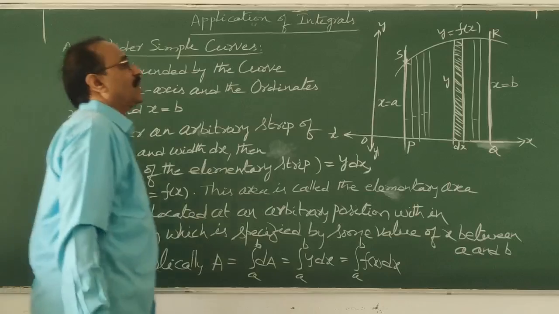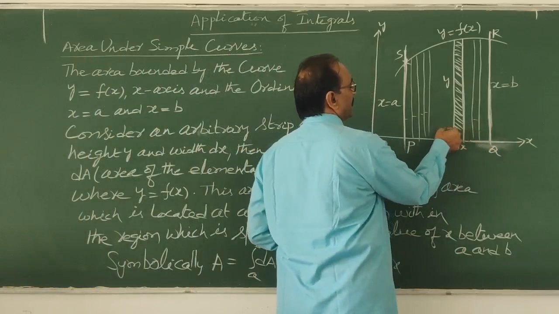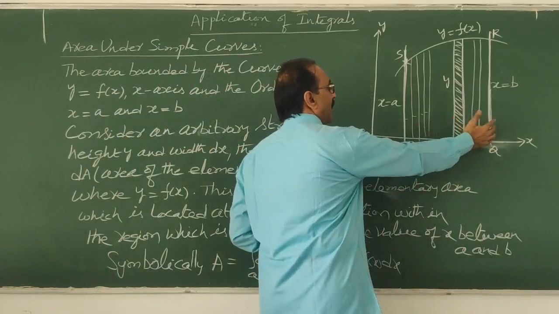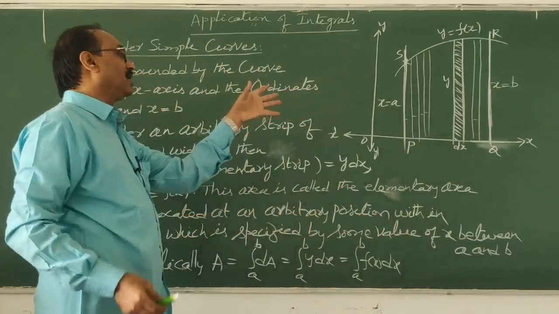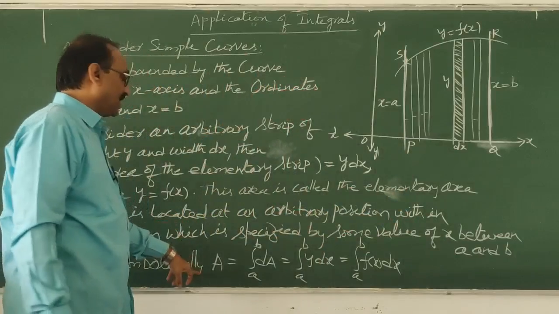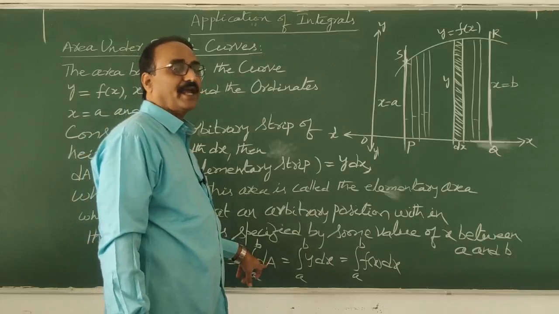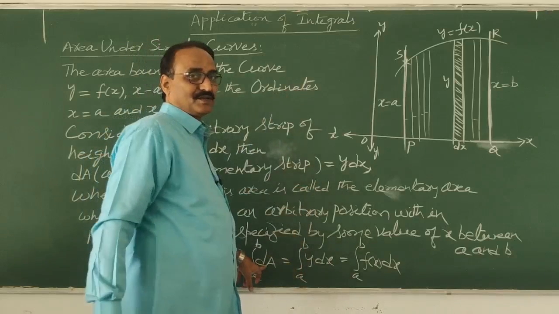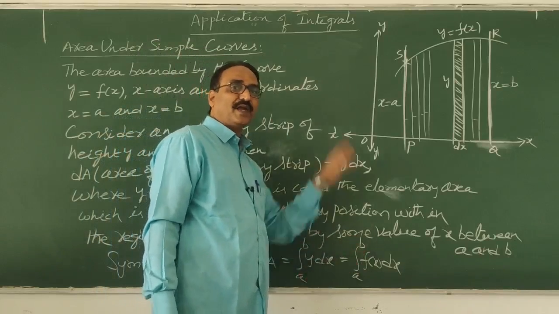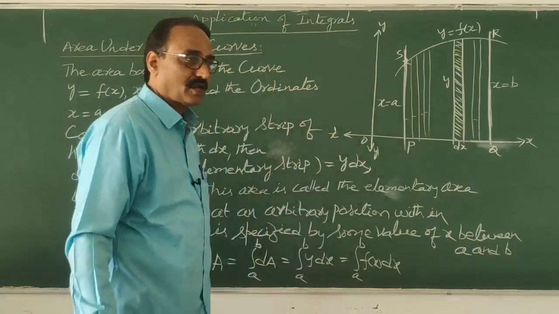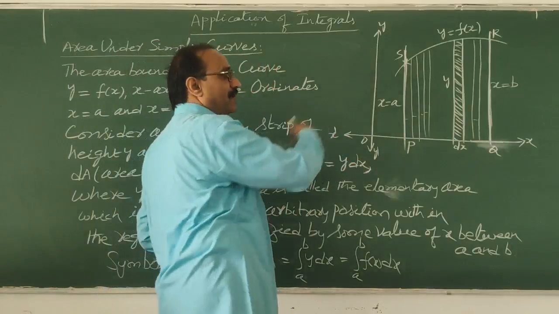Symbolically, if you add all these vertical strips, the area is equal to integral a to b dA, total strips. That is nothing but integral a to b y dx, which is integral a to b f of x dx.